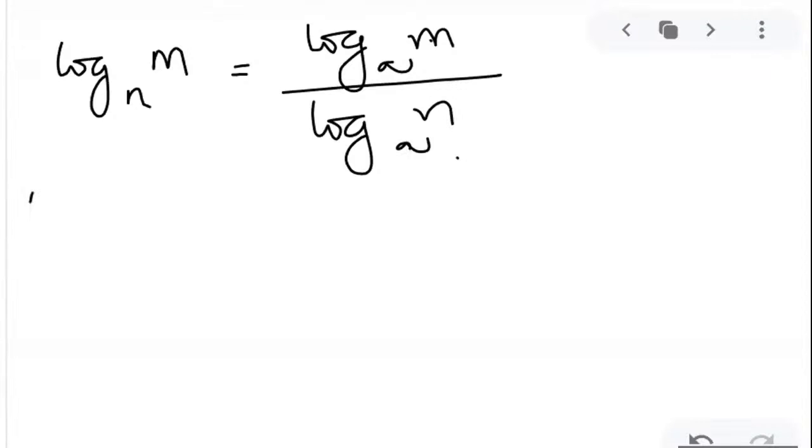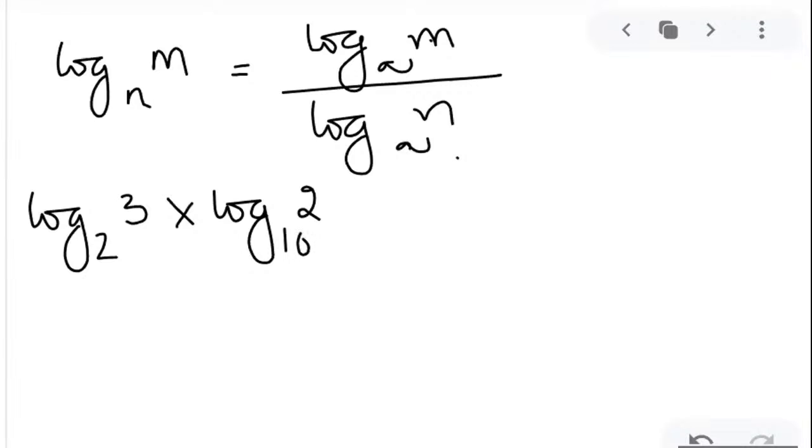So if I have log 3 to the base 2 into log 2 to the base 10, what will this become? First thing, you have to bring all of them to the same base, right? So my common base is always 10.